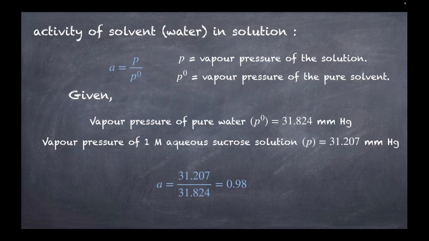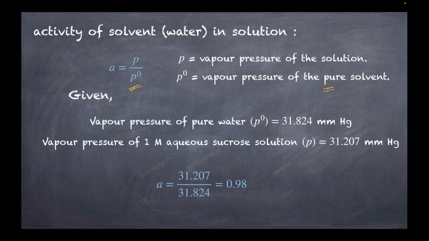Okay, so first the activity of the solvent, that means in our case water in a solution, is expressed by the expression P divided by P0. That means activity equals the ratio of the vapor pressure of the solution at a particular temperature divided by the vapor pressure of the pure solvent. Here P is the vapor pressure of the solution at 30 degrees centigrade, and P0 is the vapor pressure of the pure solvent at 30 degrees centigrade.